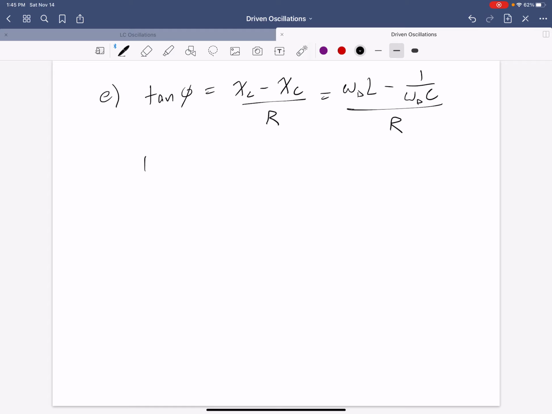Let's see, solve that equation for L. We have R tangent phi is this stuff.